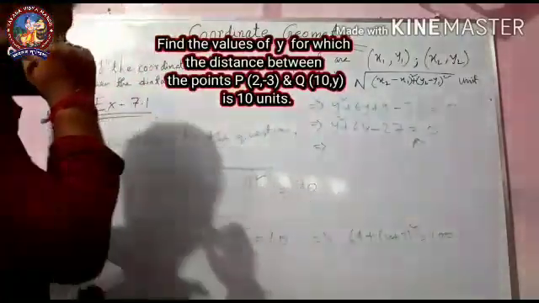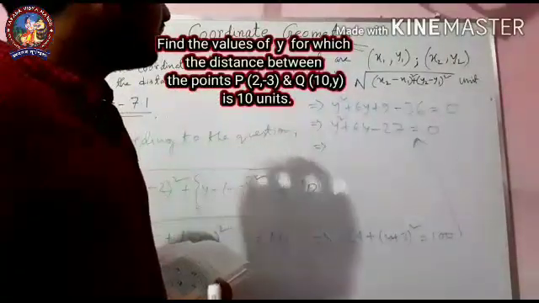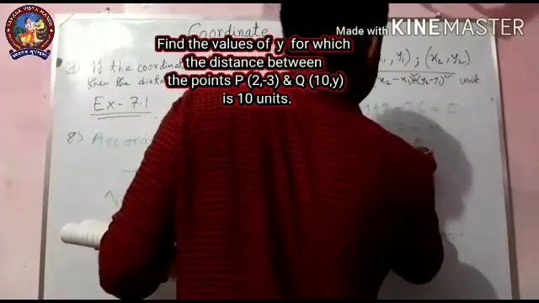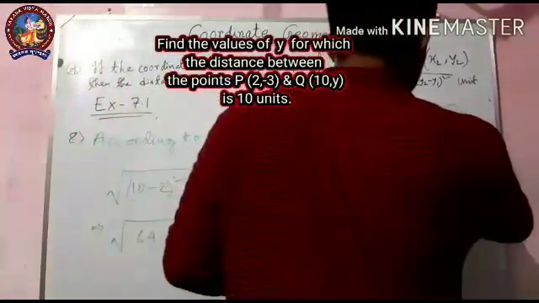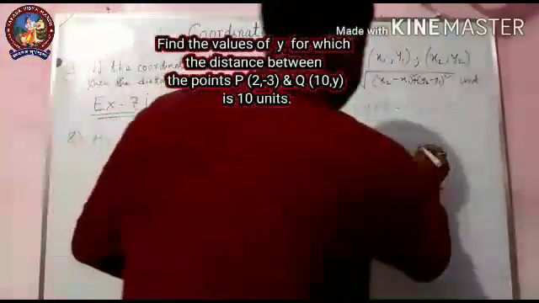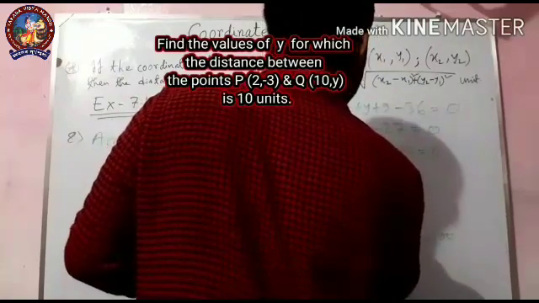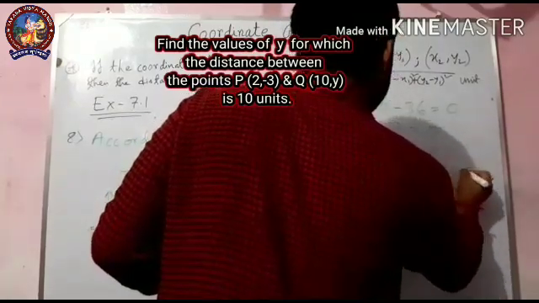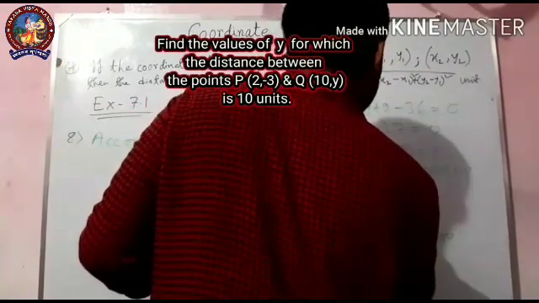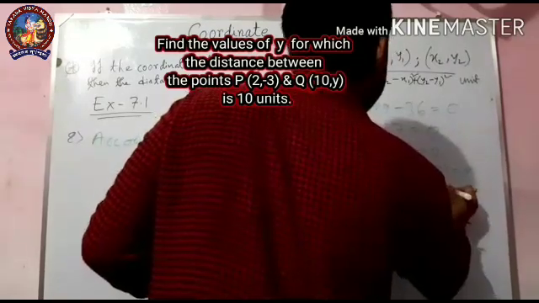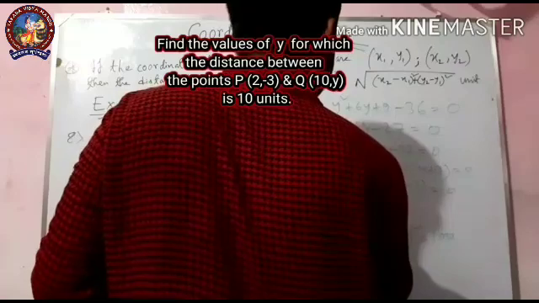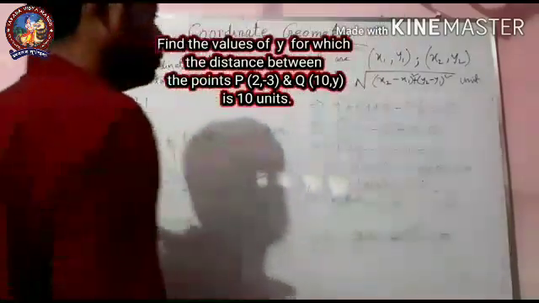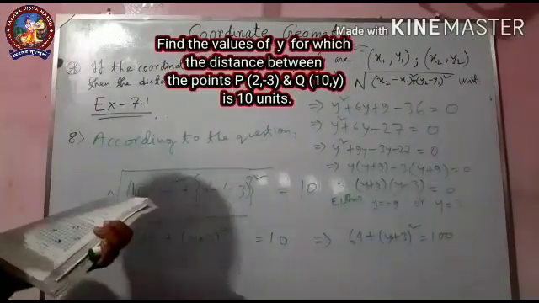Now factorize this expression on the left side. Y square plus 9y minus 3y minus 27 equals 0. That gives us y plus 9 into y minus 3 equals 0. So either y will be minus 9 or y will be plus 3. Right? These are the answers.